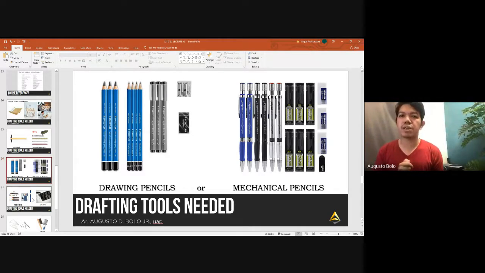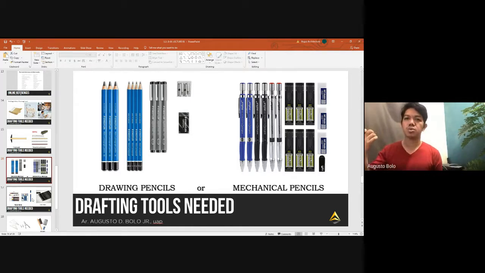If we have the conventional drawing pencils, definitely meron tayong mechanical pen. Ano yung mechanical pen? Those are type of pens na may bala. Palit-palit na lang yung bala. So definitely, you can have it. Pero, options. Kaya, or ang nakalagay, it's because you can have drawing pencil na Staedtler, Rotring, or kung anong brand.